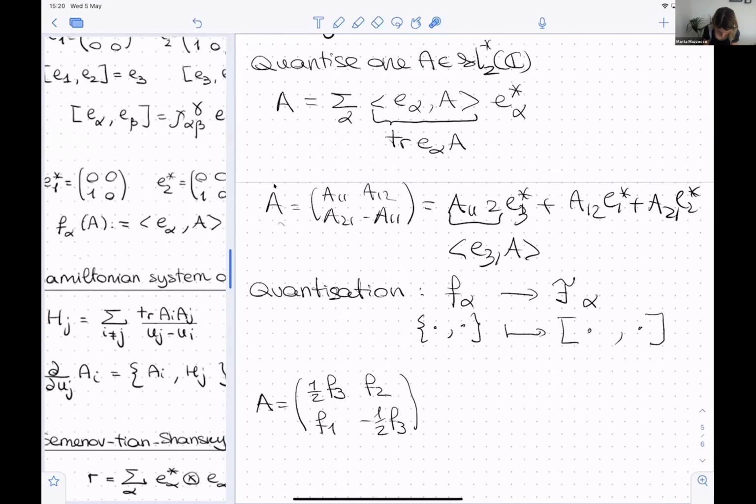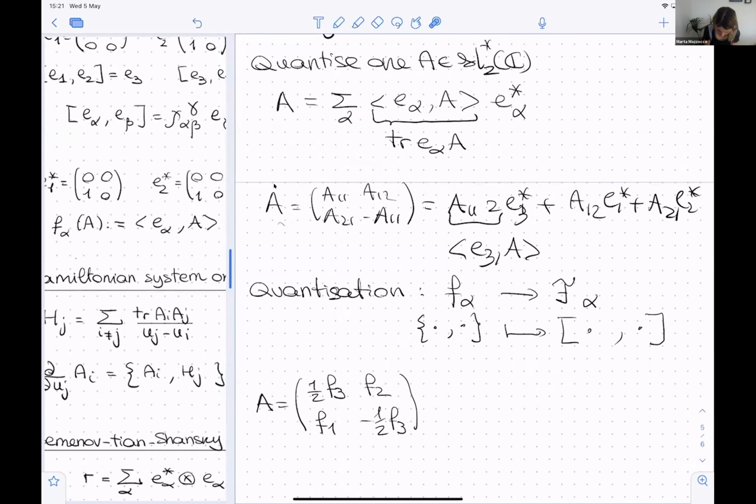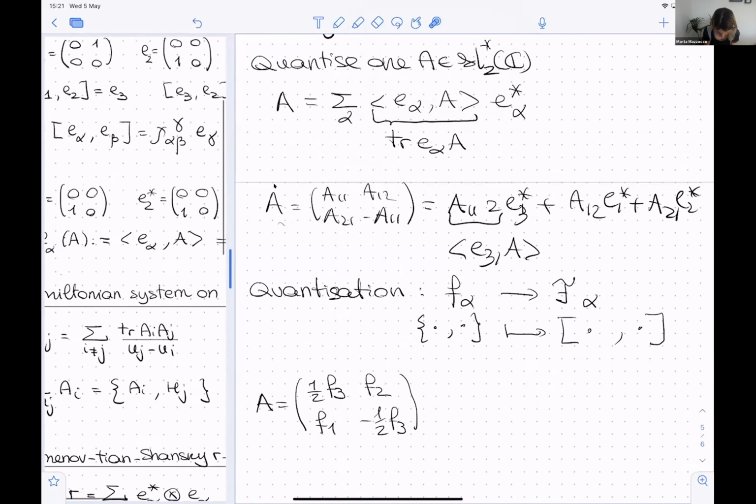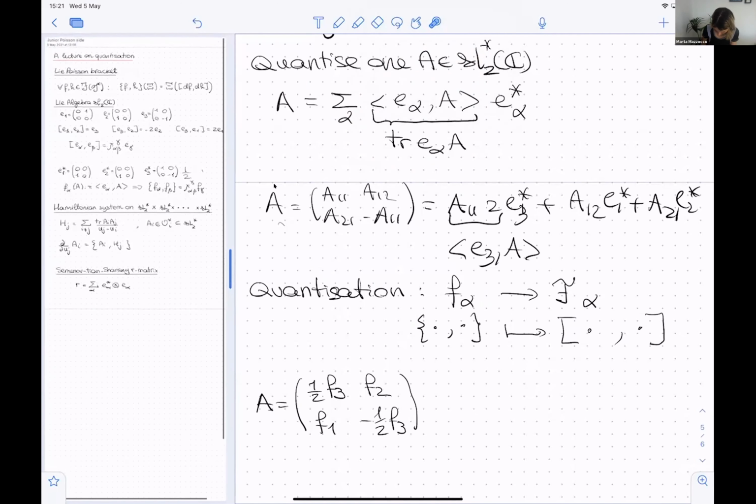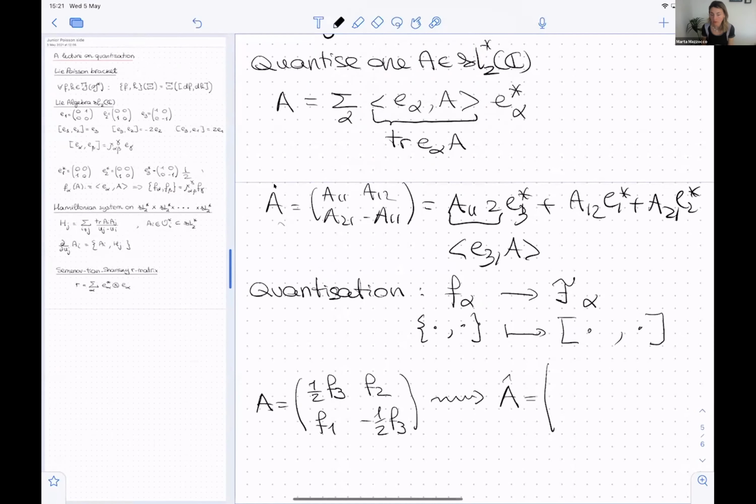Okay, F_alpha of A is equal to the Killing form applied to A and E_alpha. So when we quantize, we want to go to some quantum object, which will be some quantum matrix in which the entries are quantum objects. And what we are going to do is to replace each of these with an operator. But we want to use the fact that we are in SL2.